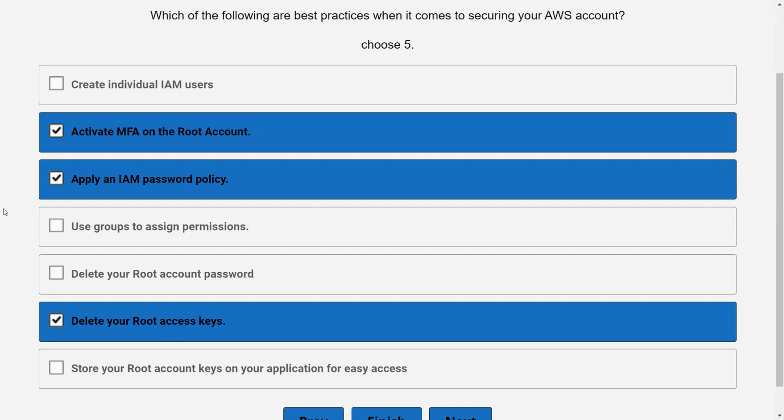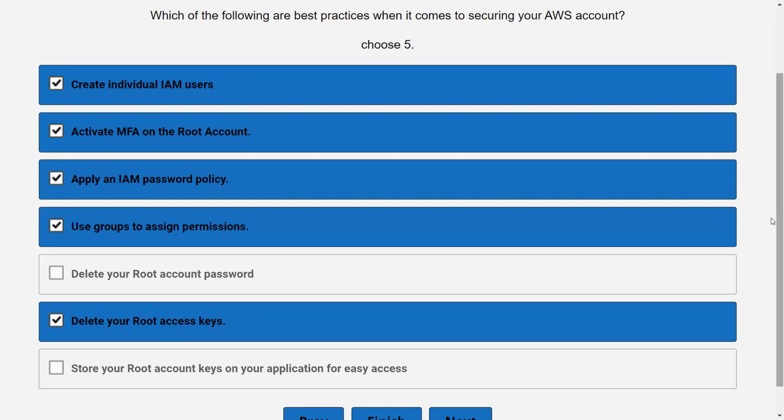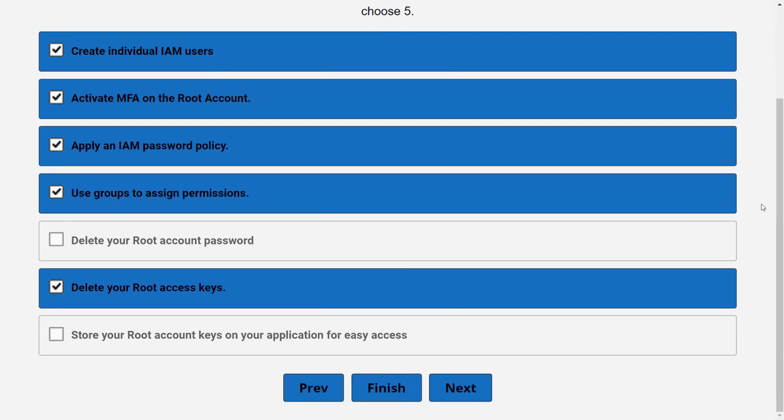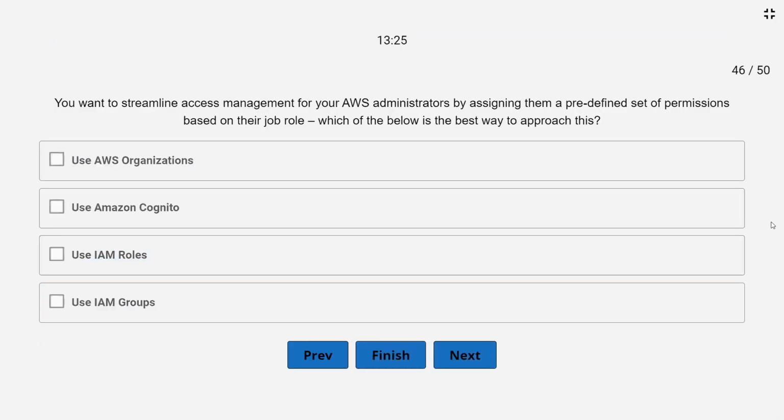A, B, C, D. So the first one, create individual IAM users. IAM users, right? Then the last one is obviously the groups.